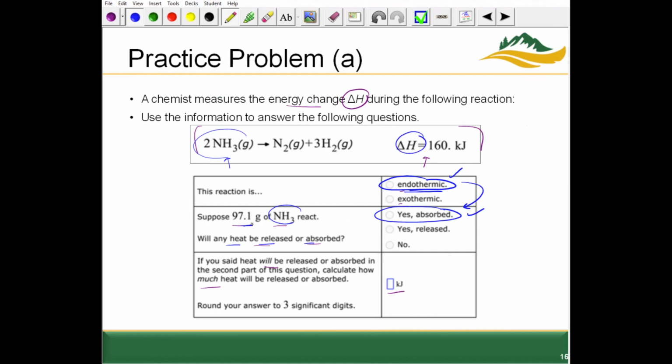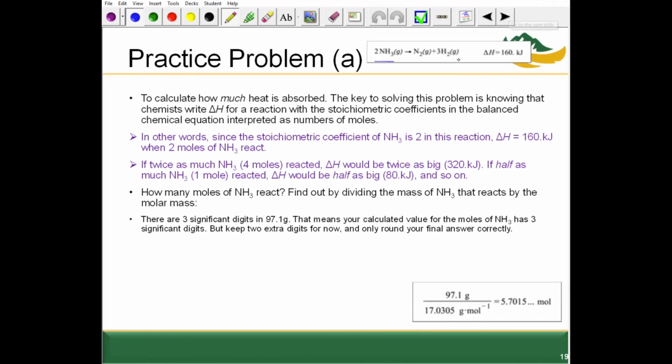Now let's use this mass and try to calculate exactly how much heat will be absorbed by the system from its surroundings in this endothermic process. So from our starting reaction, we know this change in enthalpy value is this many kilojoules. That reaction is based on the fact that in the balanced reaction, there are 2 moles of ammonia gas.